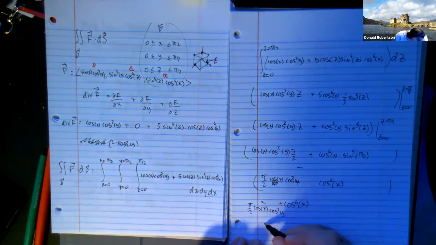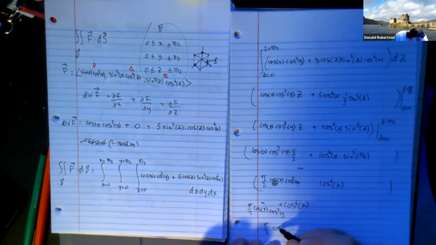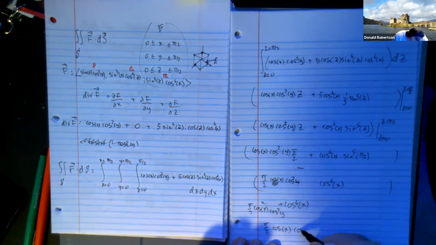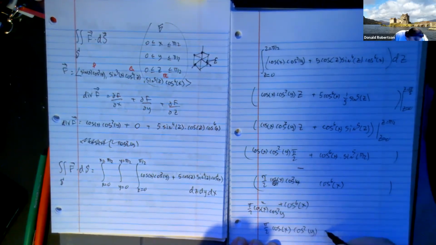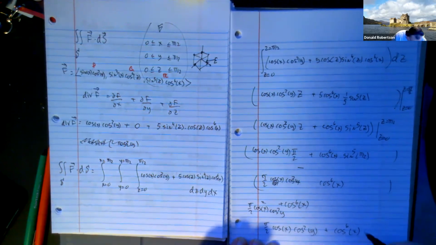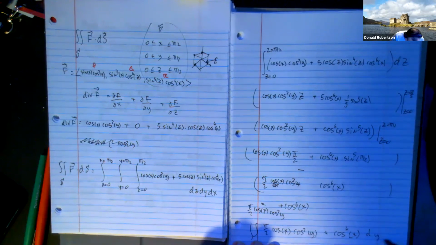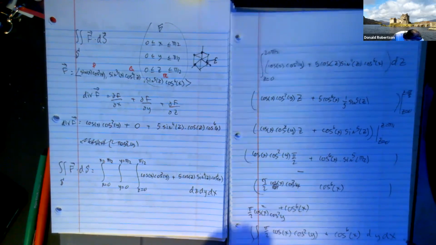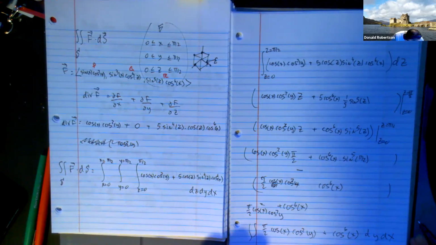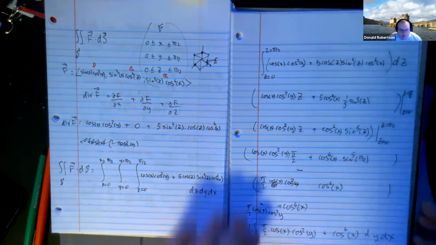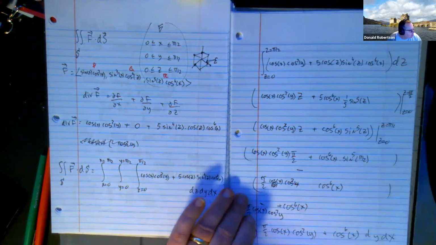Right, so make it look pretty. Just rewrite it again because it's ugly looking. And then off you go and you do an integration with y and an integration with x. And there is no saving grace with that answer at all.